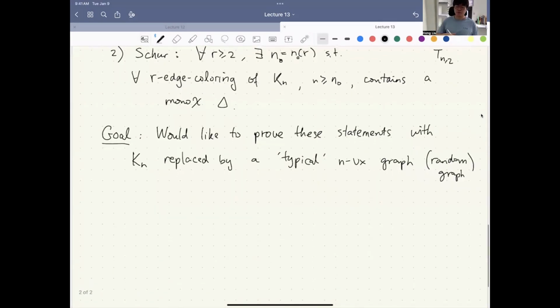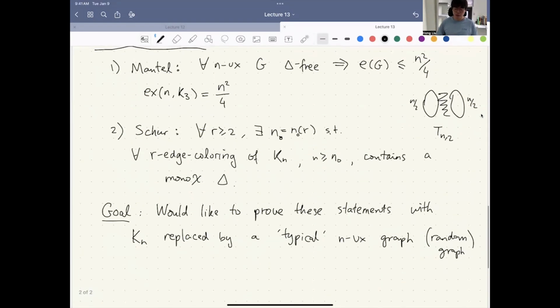This is why we call it the sparse random analog.